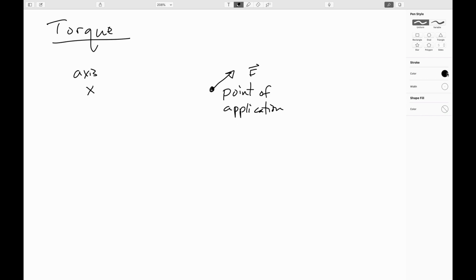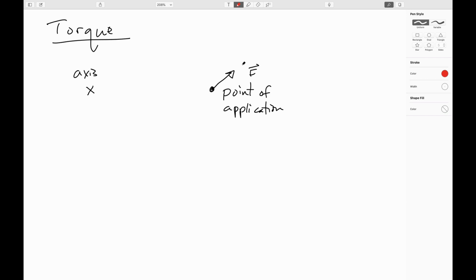So even things that aren't moving in circles, we can still talk about the torque about some axis. And I should also point out that this axis of rotation is completely arbitrary. You can pick any axis of rotation you like to analyze how forces are attempting to twist things around that object. But usually there's a natural choice, like a hinge or an axle or something like that.